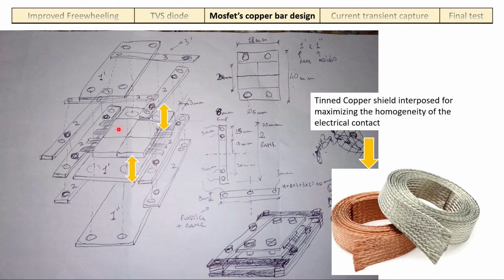So I put it behind the MOSFET, in this region where there are the drain and the source, where there are the leads. With some pressure the connection between the leads and the copper bar is perfect.